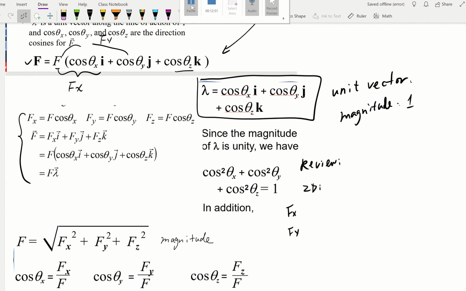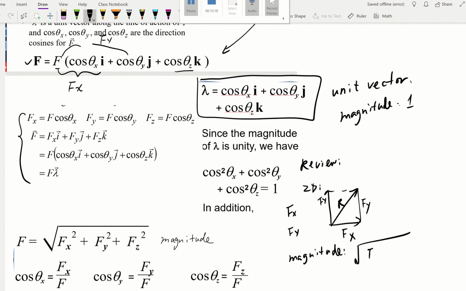And remember, in the 2D resultant topic, we said if you find Fx and you find Fy, we're going to find the resultant. How do we do it? That's our resultant. We use the Pythagorean theorem. We said the magnitude of this 2D resultant is going to be the square root of the summation of all the Fx squared plus the summation of the Fy squared, right?